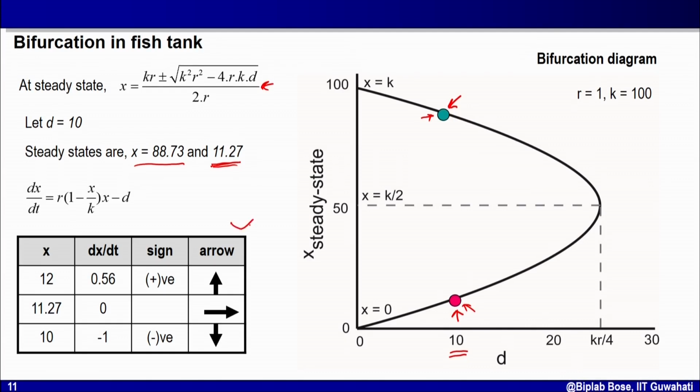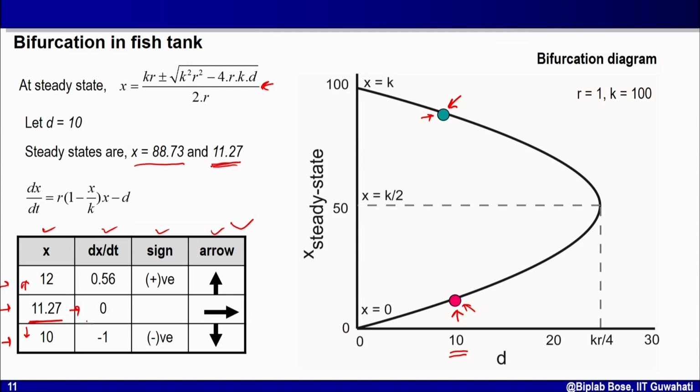If you remember, the table should have 4 columns: x, the derivative, the sign of the derivative, and the arrow. And I have 3 rows. In the middle row, I have put the steady state value, that is 11.27. I take a slightly bigger value on the upper row, that is 12, and a slightly lower value than the steady state, 10, in the lower row.